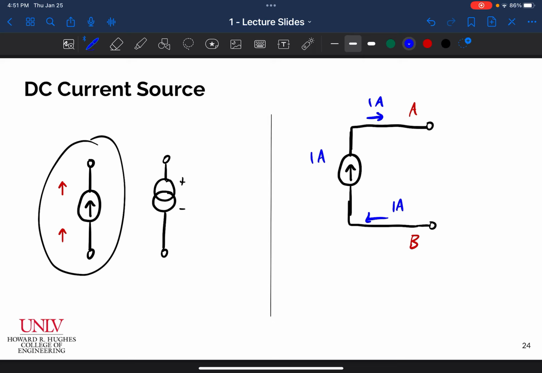So it just guarantees exactly how much current I'm going to have flowing in this branch of my circuit. In another example, I could draw it like this, where let's say this is point C, and I draw my current source like this, and then this is point D. Let's say this is a 200 milliamp source.